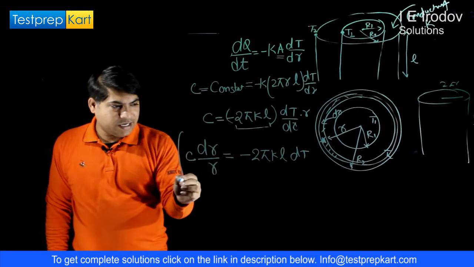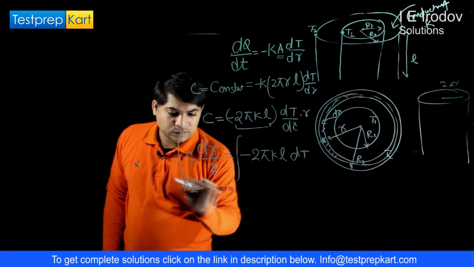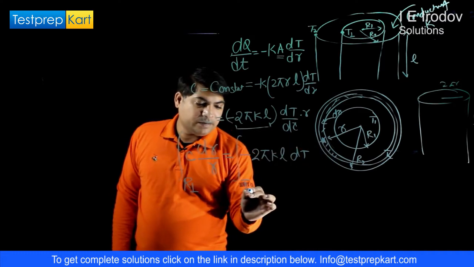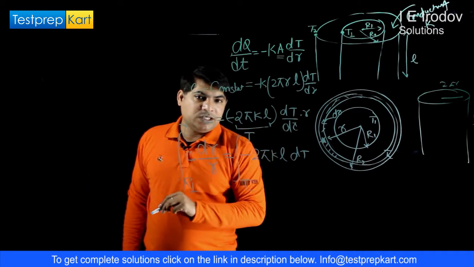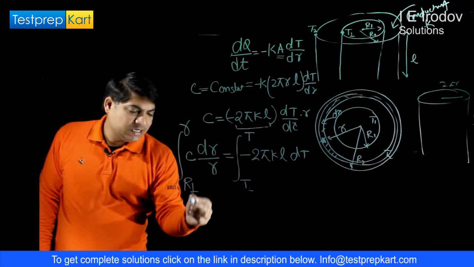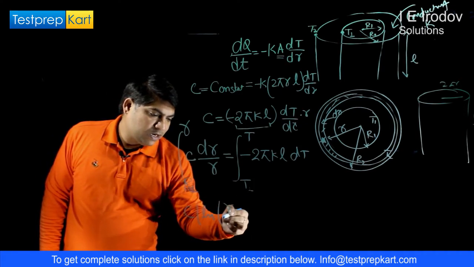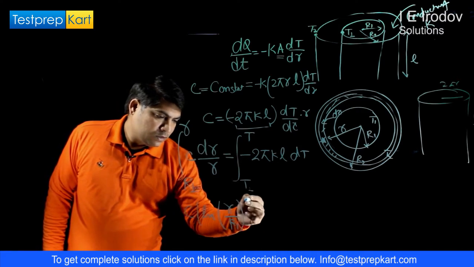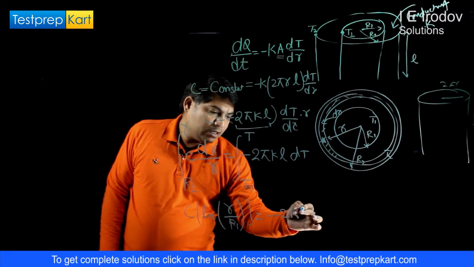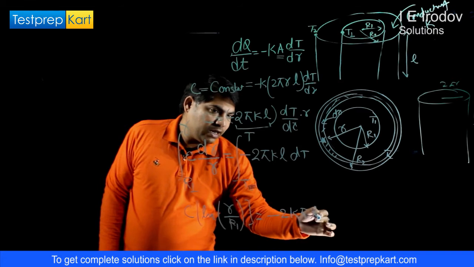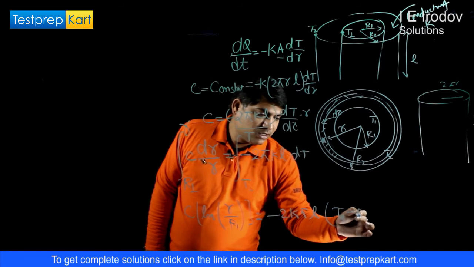So now we need to integrate. When the radius was R1, the temperature is T1. For radius any general value r, let's assume the temperature is T. So for this integration, we can write C into ln r over R1 is equal to minus 2 pi K L into T minus T1.